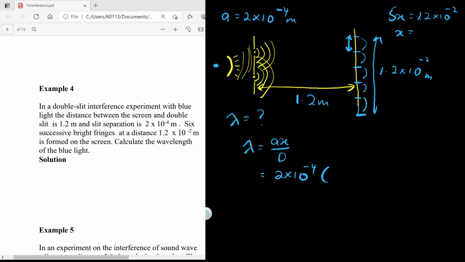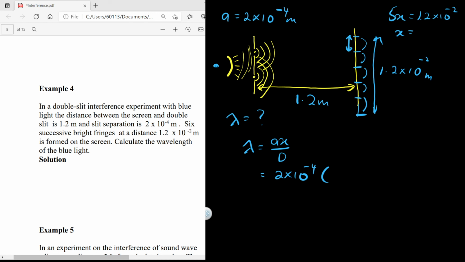So just calculate that: 1.2 times 10 to the power of minus 2, divided by 5.